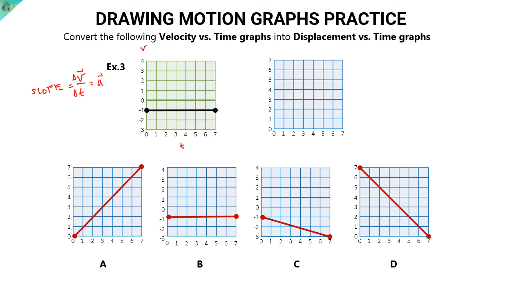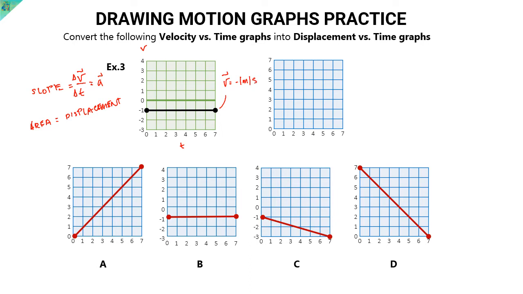And the area in a velocity time graph means displacement, if an area such exists. First, since this is a velocity time graph, it's obvious that our velocity is -1 meters per second.